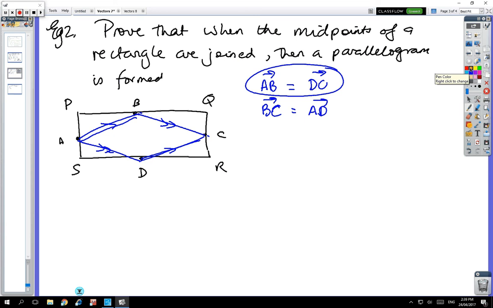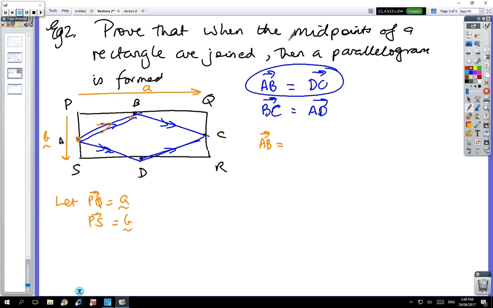Okay. So what we're going to do is let PQ equal A, and let PS equal B. And then let's see what we can get. If we're going to go from A to B, how do I get there?